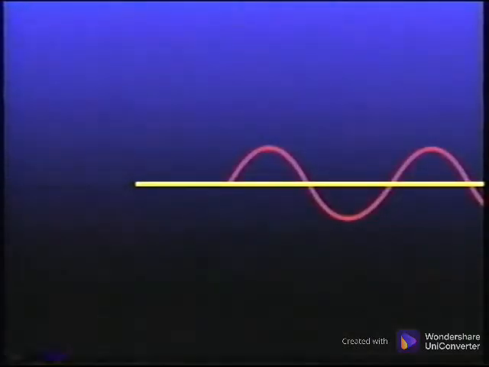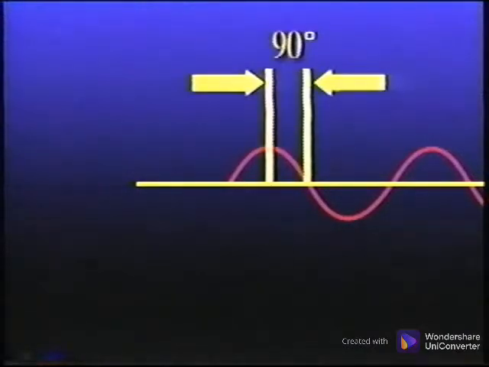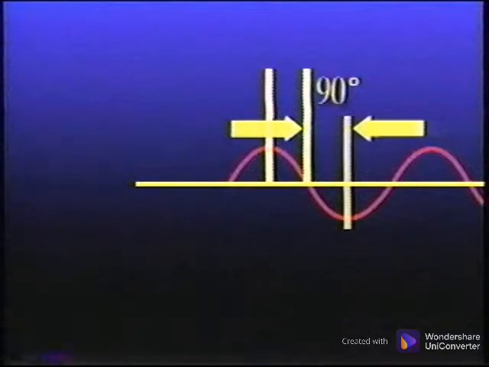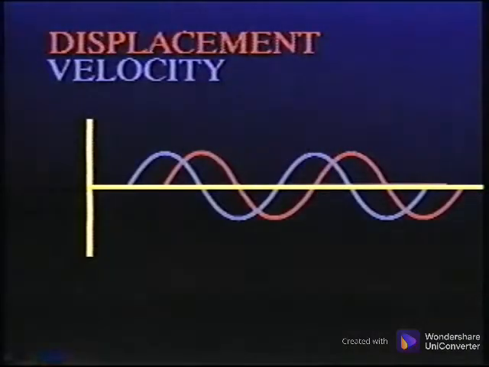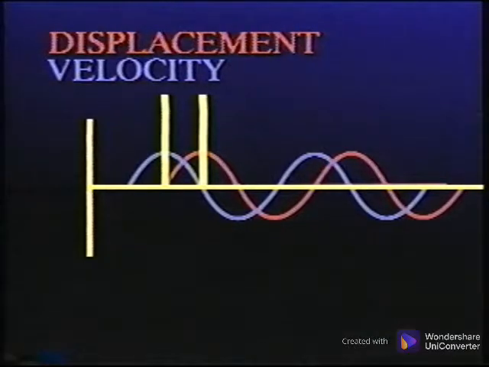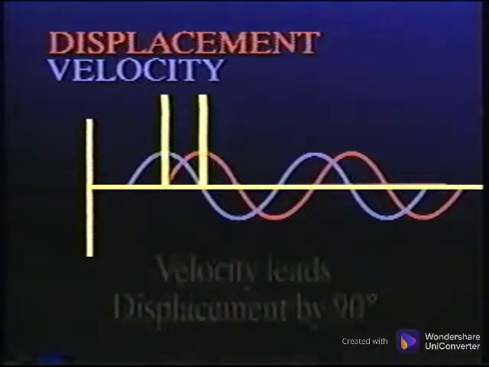Earlier we pointed out that there is a 90-degree change from the zero line to the positive peak and 90 degrees from the zero line to the negative peak. When comparing the three waveforms, notice that the velocity waveform does not overlay the displacement waveform, but is ahead of it. The maximum velocity occurs 90 degrees before the maximum displacement occurs.